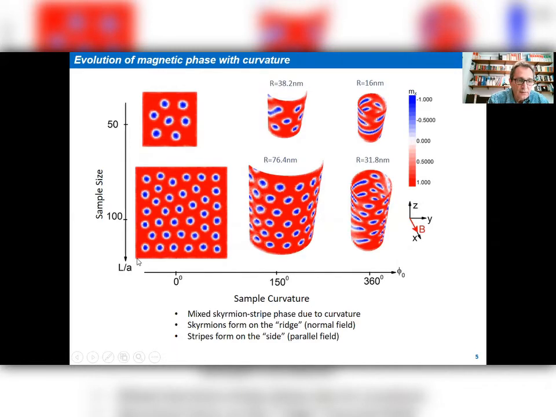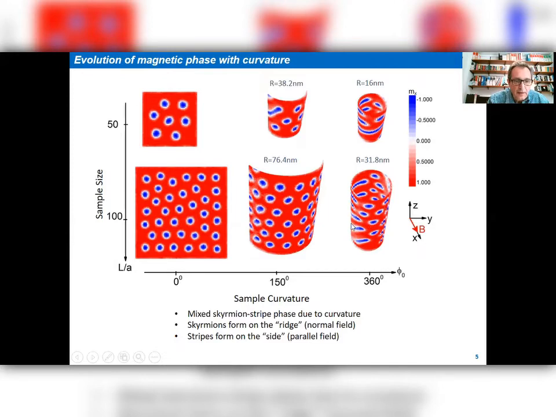On the other hand, if we start with a big lattice and deform this strip to end up with a nanotube, at the end we have the presence of skyrmions on the front and the back part of the nanotube, but on the side, these elongated skyrmions, or worms as they are sometimes called, still exist.